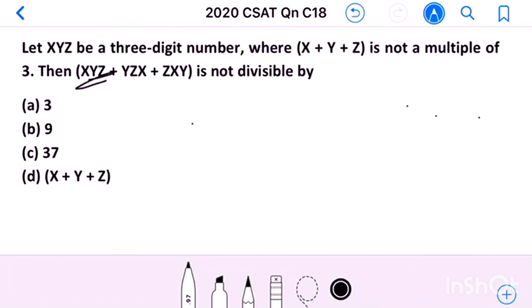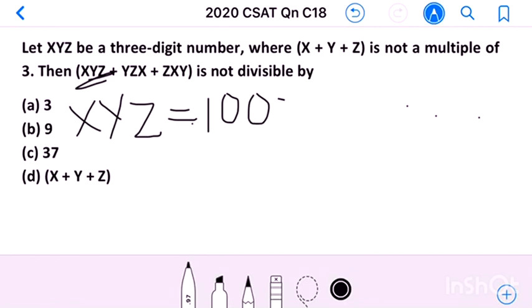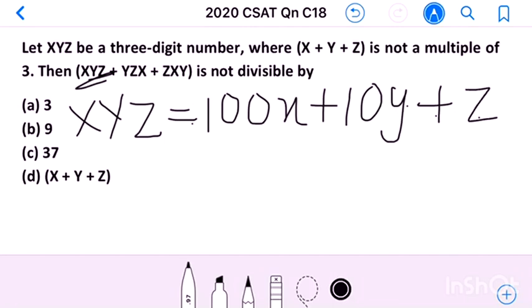A 3-digit number we can write as xyz equal to 100x plus 10y plus z.